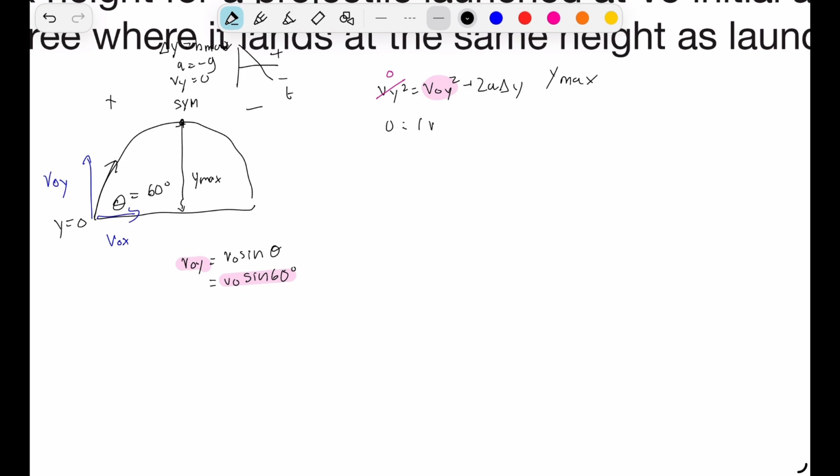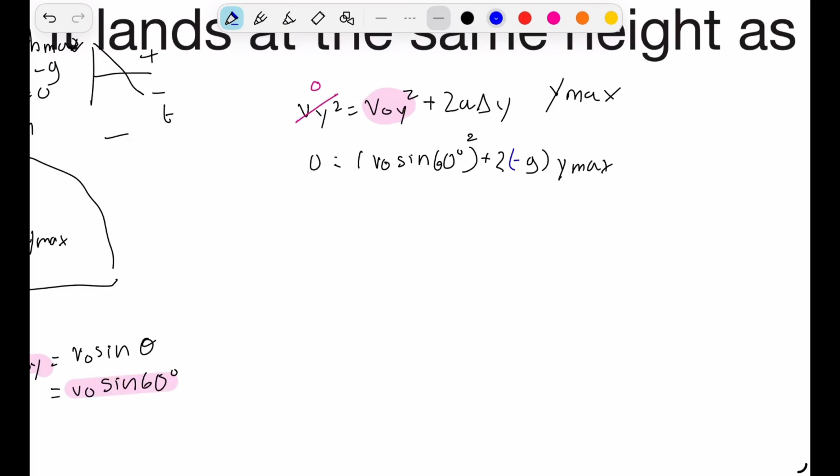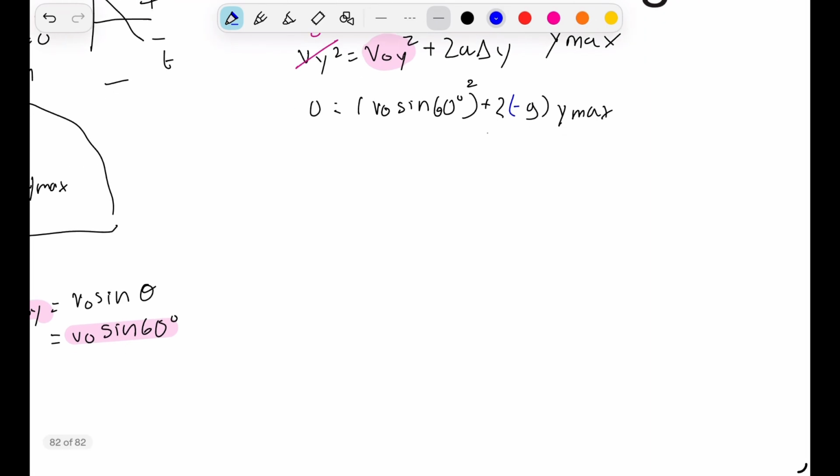Now we have v initial sine of 60 degrees, squared, plus 2, and we know we have g here and delta y. That is going to be your y max. It's important to note that the acceleration you plugged in was negative g, so we can write this as negative 2g y max, since acceleration is pointing in the downward direction.